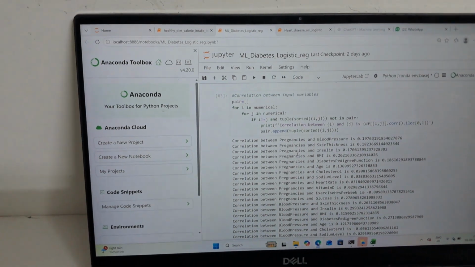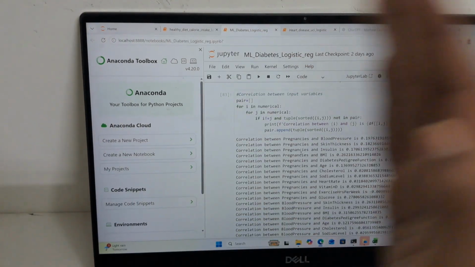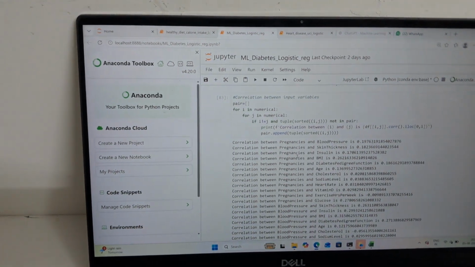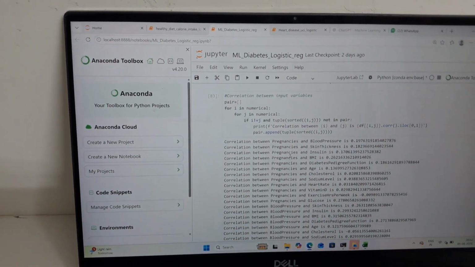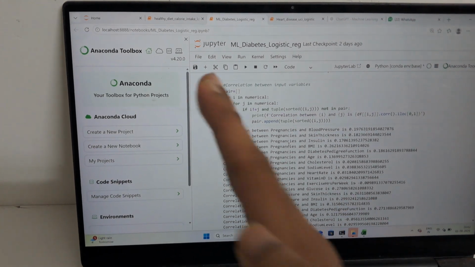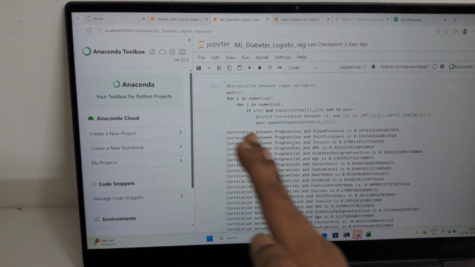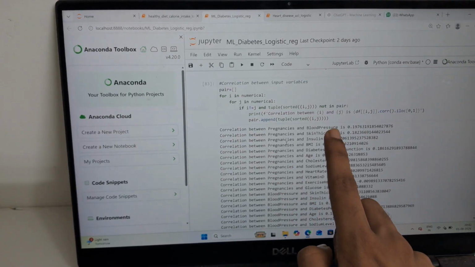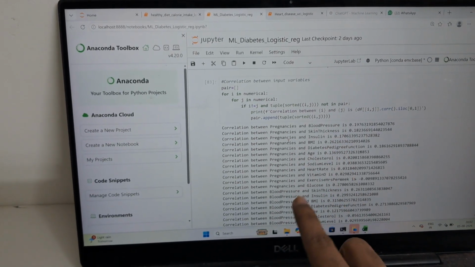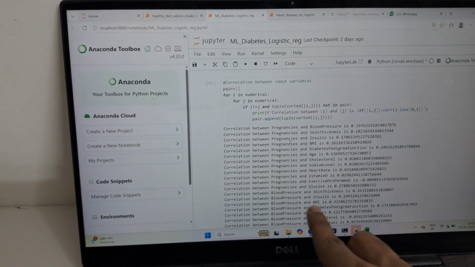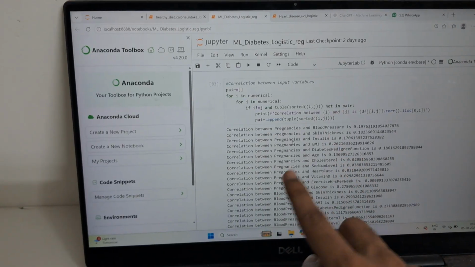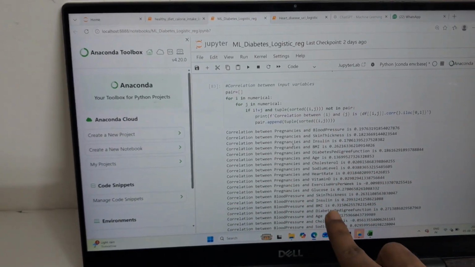There are many input columns, right? In that there are many input numerical columns. I'll check the relation between two input numerical columns, like pregnancy versus blood pressure, pregnancy versus skin thickness, blood pressure versus skin thickness, blood pressure versus insulin, input versus input, and all are numerical columns.